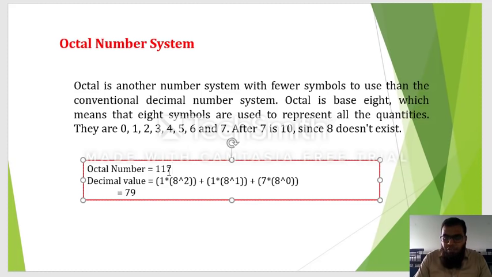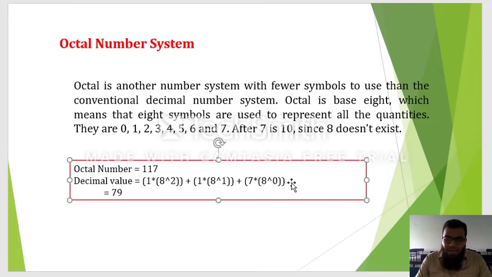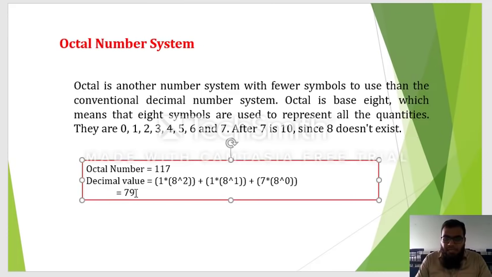So 8 power 0 into 7 plus 8 power 1 into 1 plus 8 square into 1. Okay. So when you add all these things, for the octal number 117, when it is represented as a decimal number, we will get the answer as 79. Okay, 79 is the answer when you convert 117 into a decimal number.